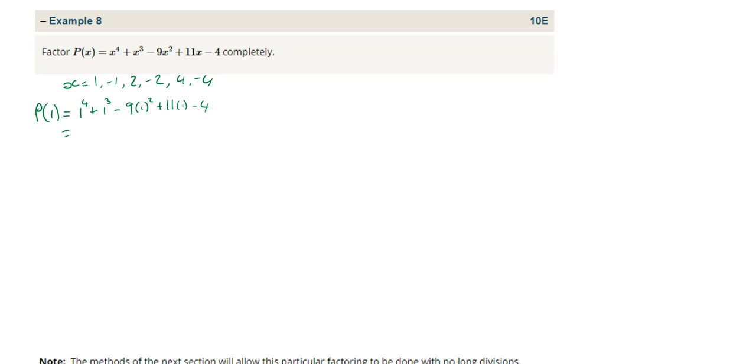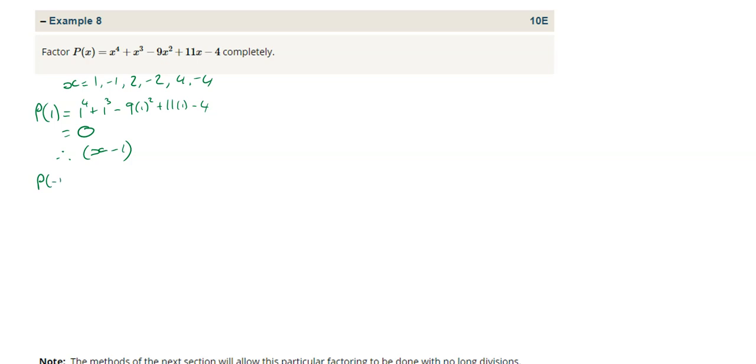So 2 minus 9 is -7, plus 11 is +4, minus 4 is 0. Okay, it's all good. I do make mistakes. So therefore, x minus 1 is a factor, great. Well, let's keep going now, because the other ones have to be there as well.